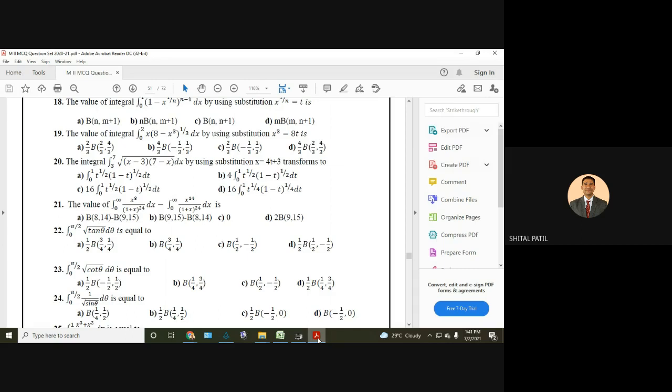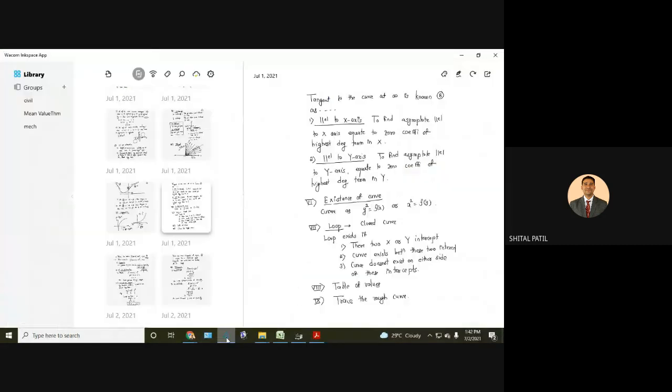Question number 20. Sir, first A. X equal to 4t. 2 minutes only. Let me solve it. So one value is known to us.